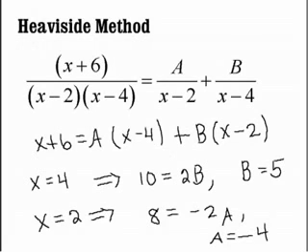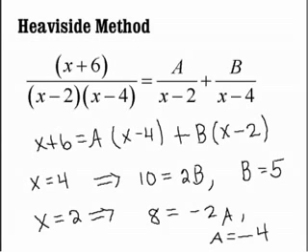Now let's talk about the Heaviside method. The Heaviside method is a very useful technique in evaluating the coefficients of the partial fraction decomposition. Suppose we have this expression, x plus 6 over x minus 2 times x minus 4 is a over x minus 2 plus b over x minus 4.